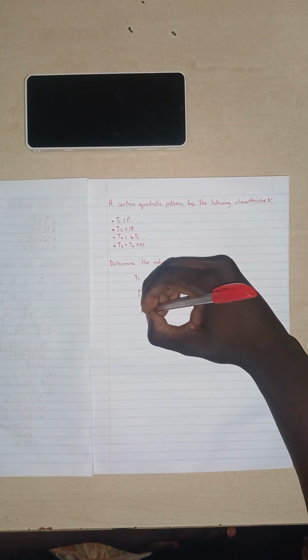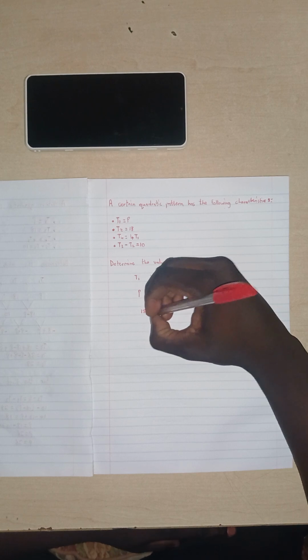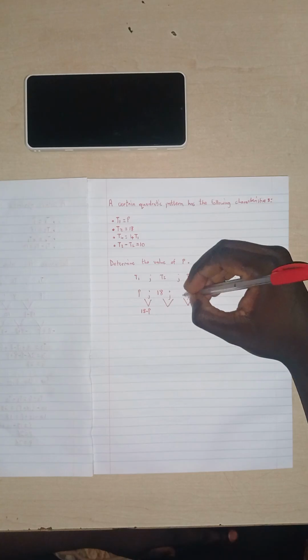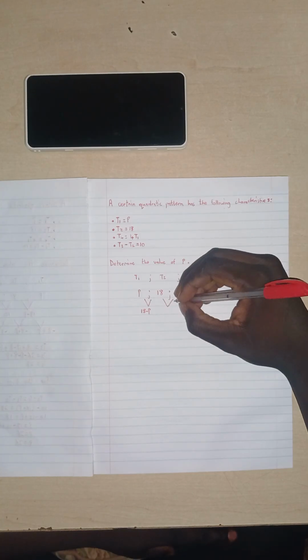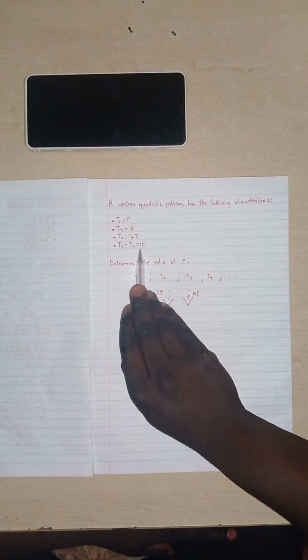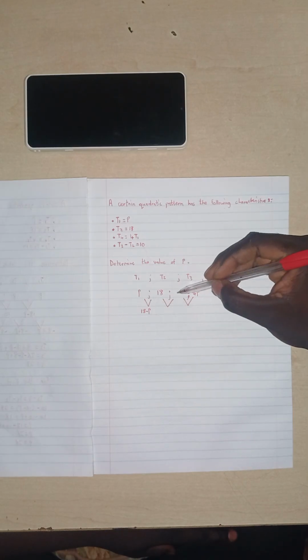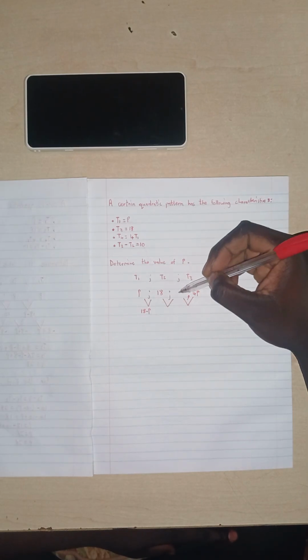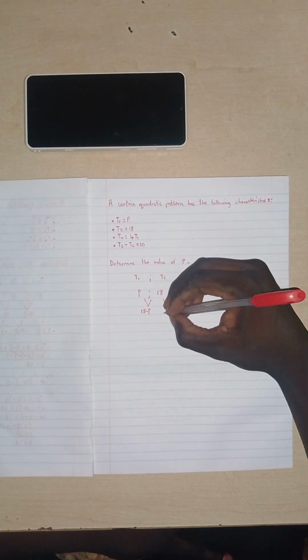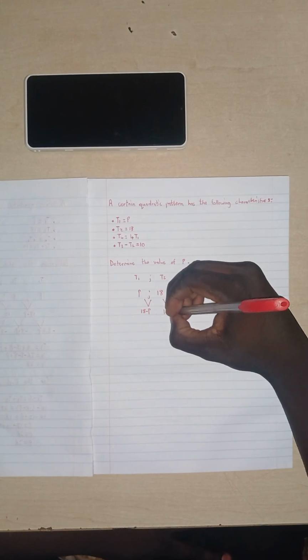So it's 18 minus P. Then we go for this one, which we don't have. But they told us that term number 3 minus term number 2 is equal to 10, meaning this one, which is missing, minus this one must give us 10, right?